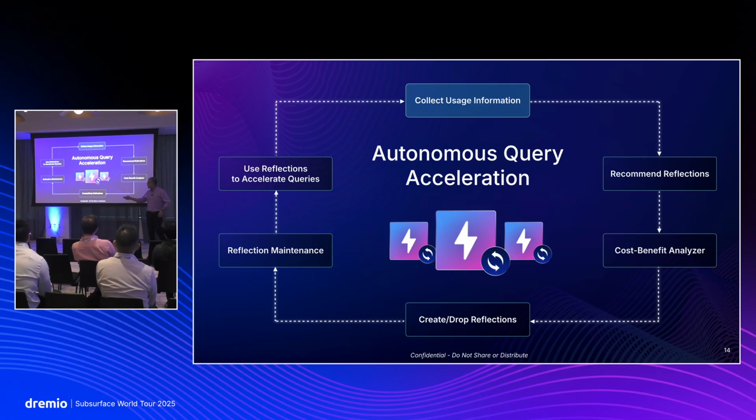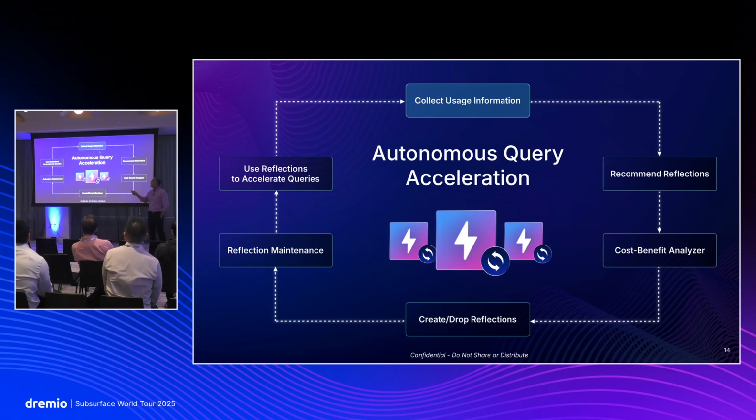These two lists are then used to make a decision on what reflections should be created and dropped. Once the decision is made, the reflections are either created or dropped, and then these reflections are automatically maintained as the underlying dataset changes, and they get used to accelerate queries.